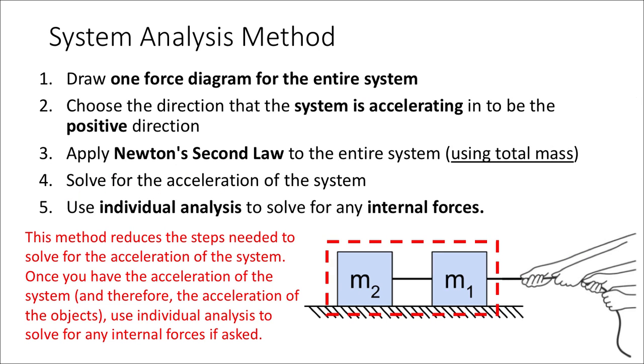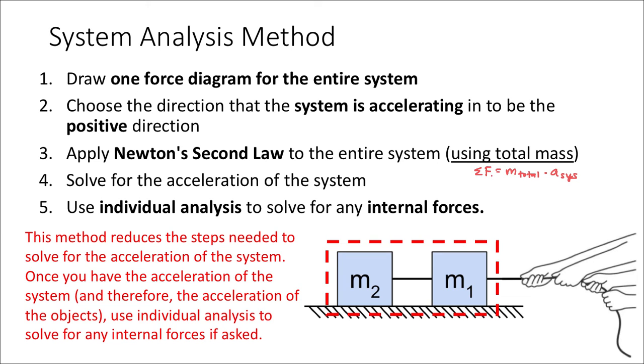So when using the system analysis method, you should draw one force diagram for the entire system. You'll choose the direction that the entire system is accelerating in to be the positive direction, and you will apply Newton's second law to the entire system using the total mass. So make sure that when you're doing this, you say the sum of the forces is equal to m total times a of the system.